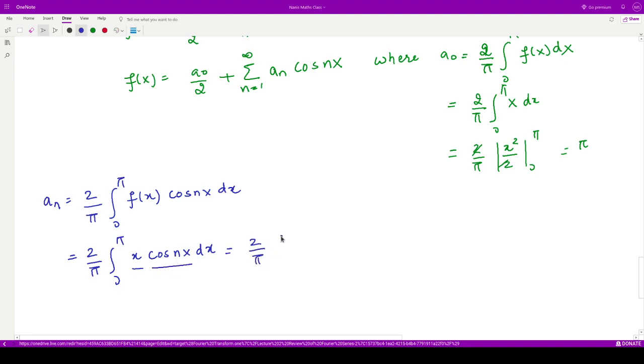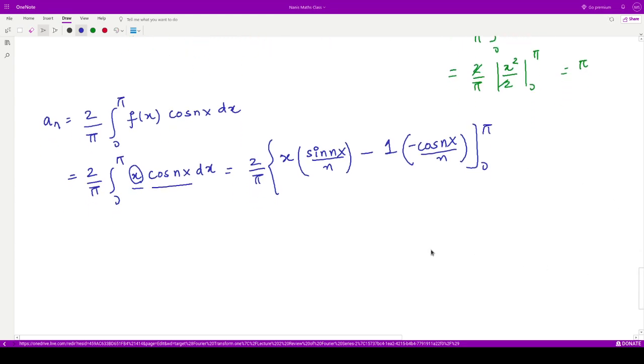So it would be first function as such, the integration of second, which is sine nx divided by n, then minus the derivative of the first, that would be 1, and the integration of this one, that would be minus cos nx divided by n, and we have the limits from 0 to pi.